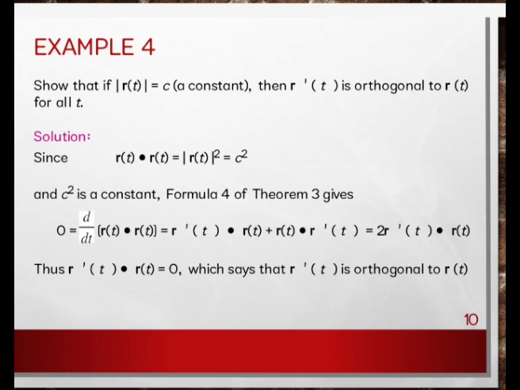Thus, r prime (t) dot r(t) is equal to 0, which says that r prime (t) is orthogonal to r(t).